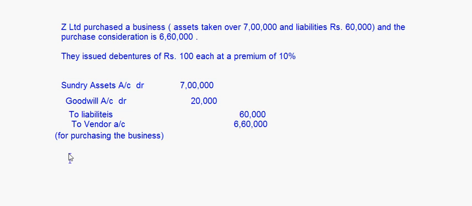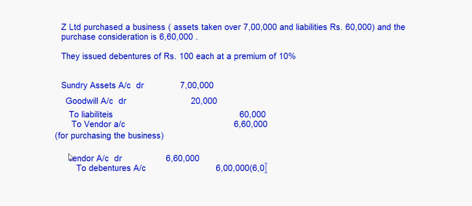Okay. Now look at this. Here we will have vendor account debit, that is with the value 6,60,000, right? To debentures. Now debentures will be 6,000 into 100, that is 6 lakhs, the actual at par value, right?